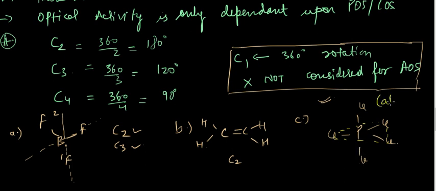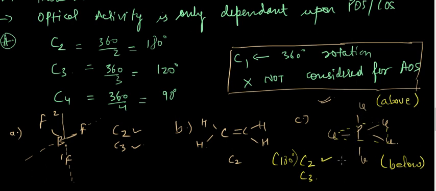So now please tell me whether it would have C2 axis of symmetry or not and C3 axis of symmetry or not. It would have C2 axis of symmetry because C2 is a 180-degree rotation, so I can flip the overall compound upside down.